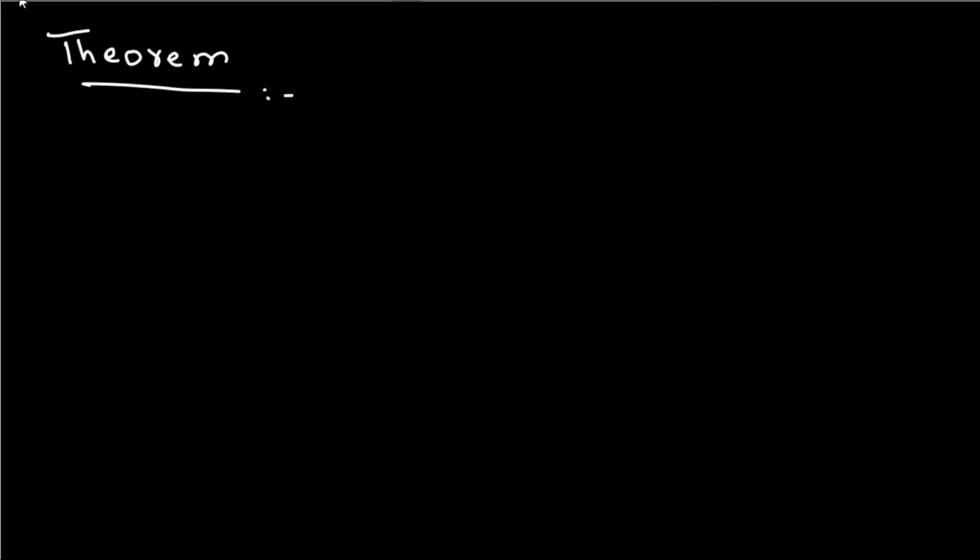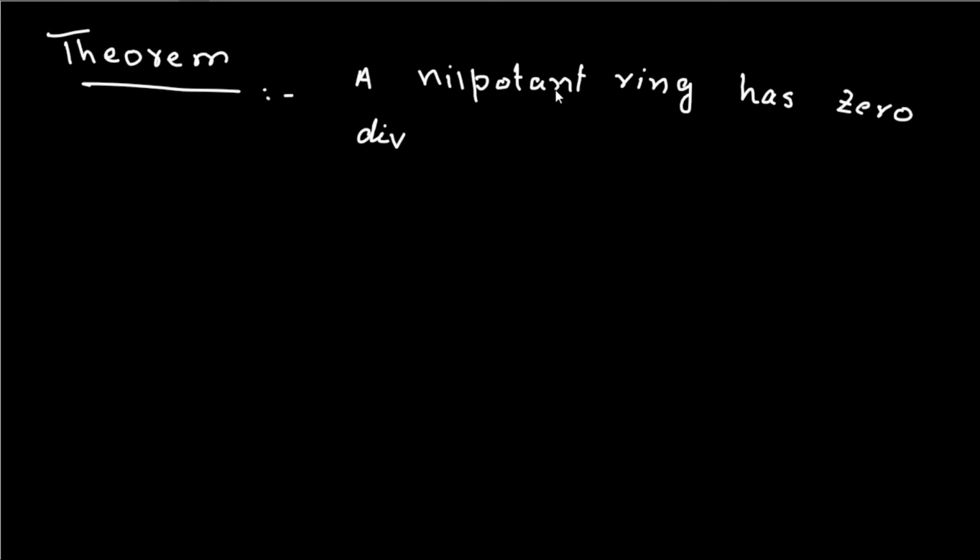First of all, the statement of this theorem: a nilpotent ring has zero divisor. Given that it is a nilpotent ring, we will prove that it has zero divisor.